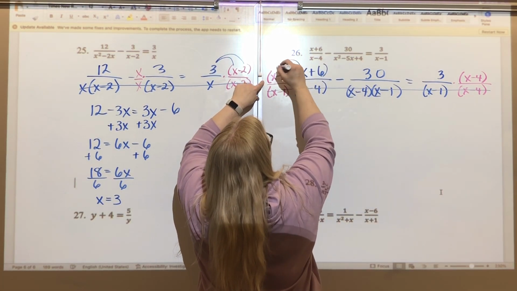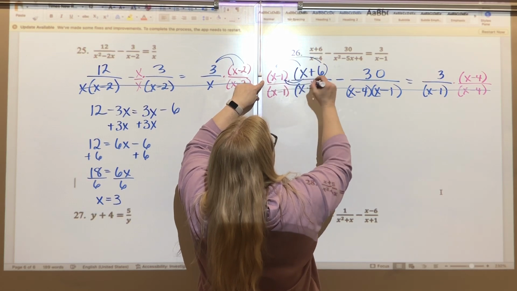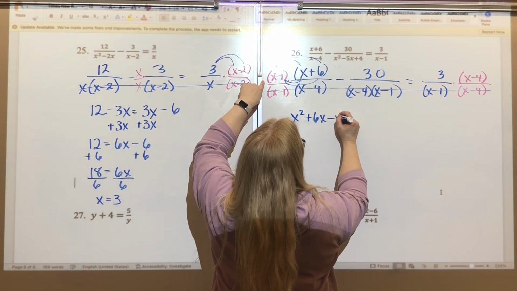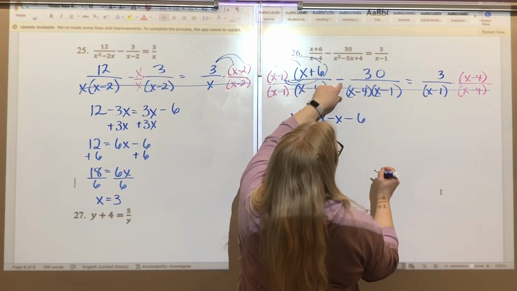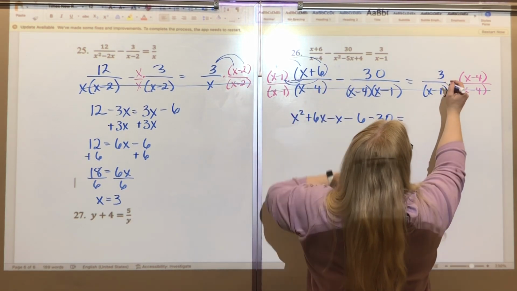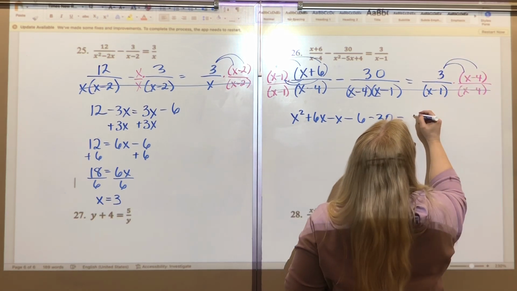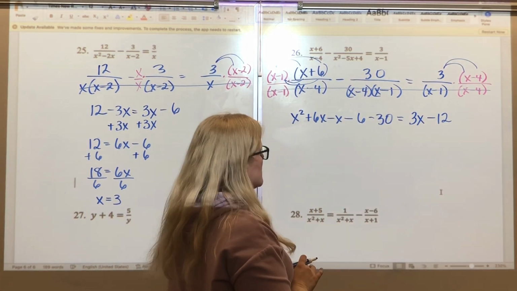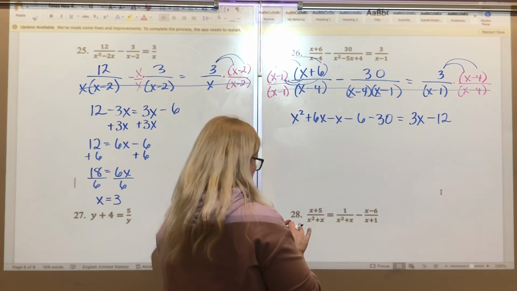Okay, I'm going to distribute this. So x squared plus 6x minus x minus 6 minus 30 equals 3x minus 12. Okay, let's combine like terms.